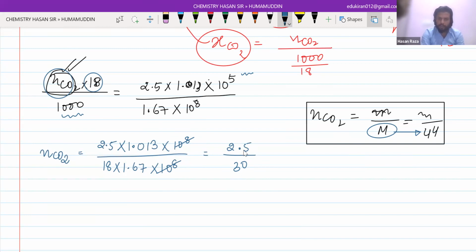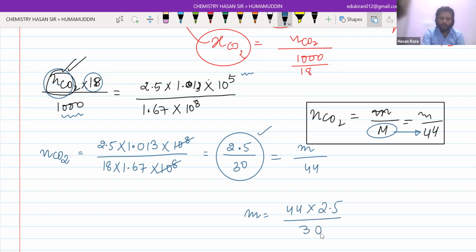So after getting this number of moles, just wait a minute, did I make some mistake? No. 2.5. Now this is your number of moles, so I'm going to write it here. Given mass upon molar mass, that is 44. So given mass will be equal to 44 into 2.5 upon 30.